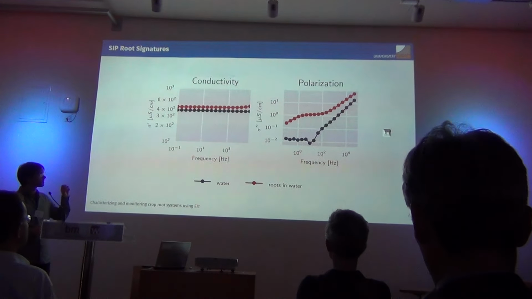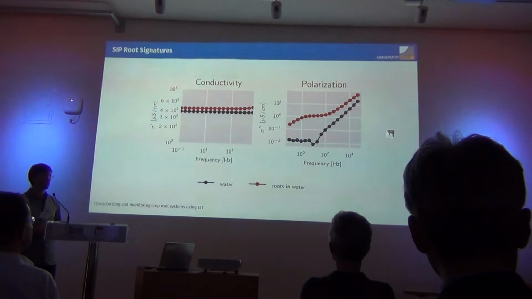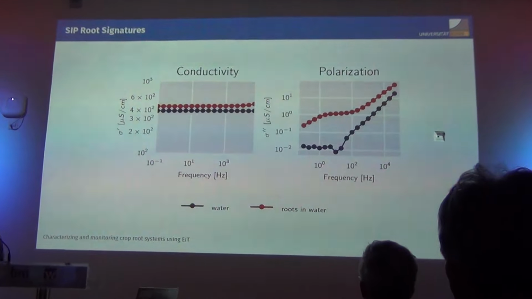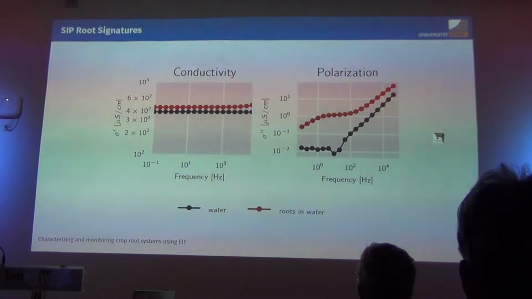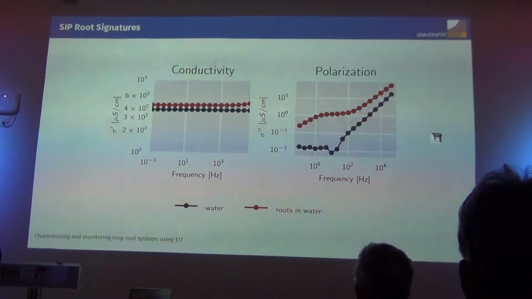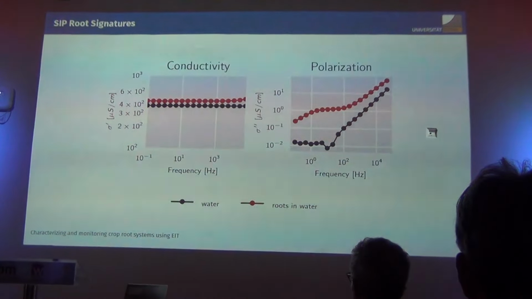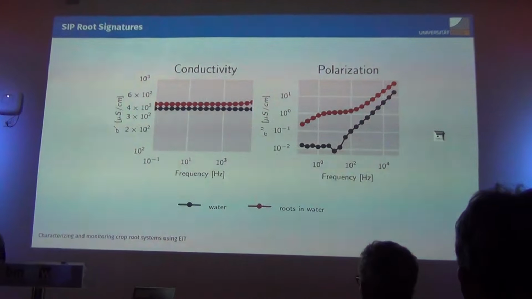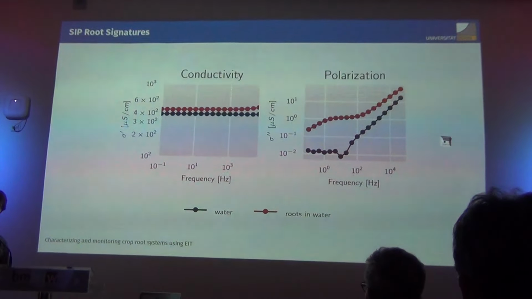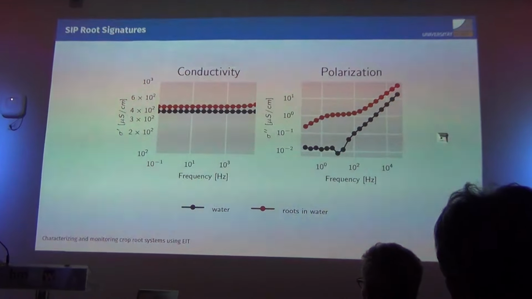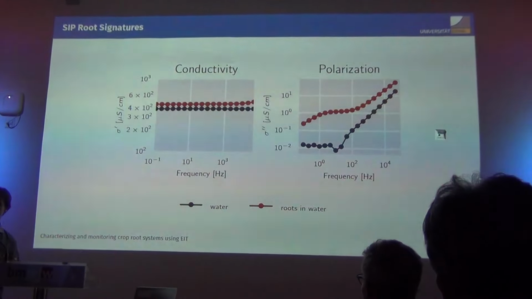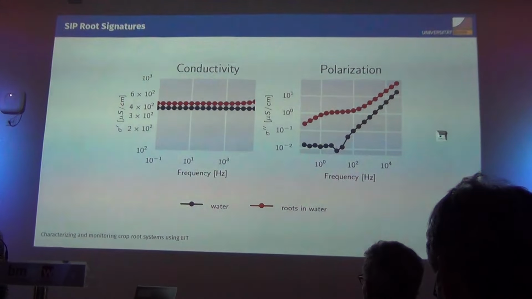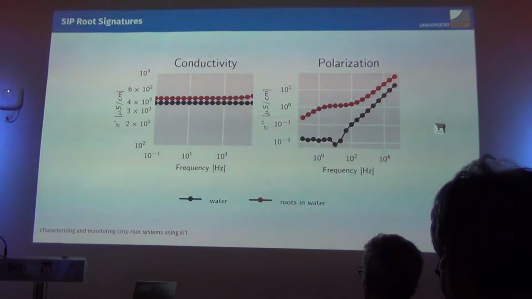So that's basically supporting our hypothesis that we can use these polarization signatures to gain additional information over just doing conductivity measurements. This is only valid if we measure in water. So as soon as we go to the soil or to more realistic conditions, things change a little bit, but changes in conductivity can then be mainly related to water function.